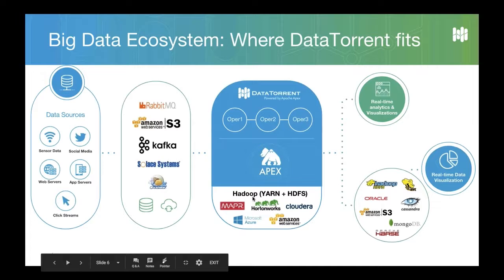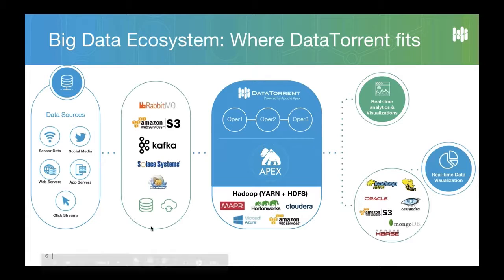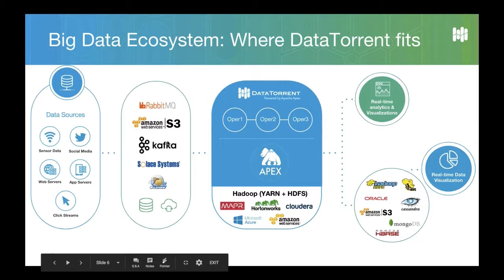Okay. So like I said, we have a variety of data sources over here, like sensor data or social media. Then we have different other ecosystems like Amazon S3, Kafka, Solace, and from all of these sources, this is where DataTorrent fits in, wherein from the data sources, the data comes to Apex, and we write our application using these operators.